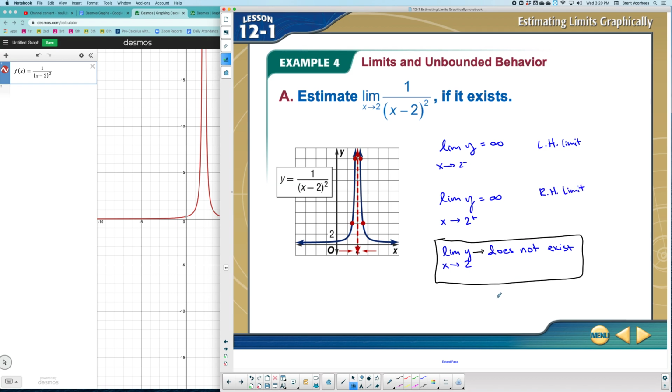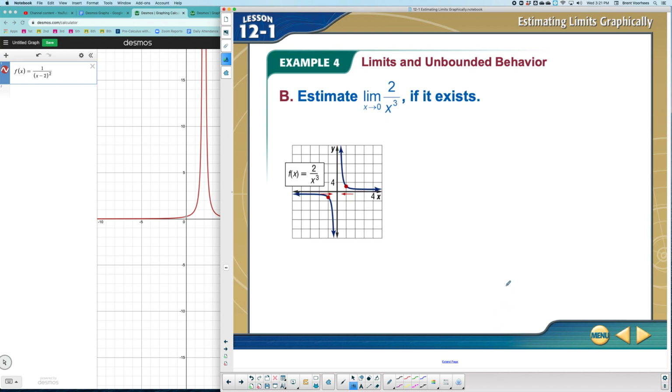But the overall limit does not exist, since left-hand limit and right-hand limit increase without bound. That's kind of the why behind it.